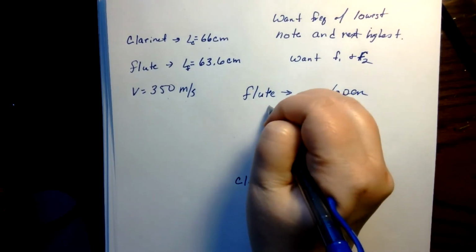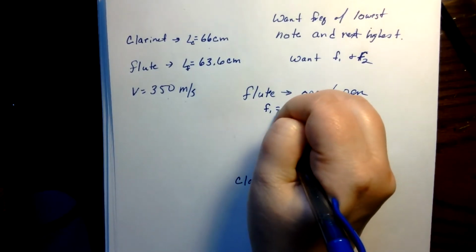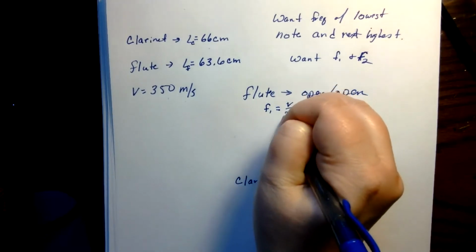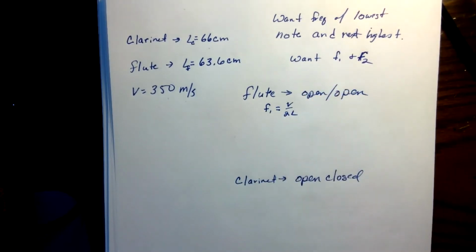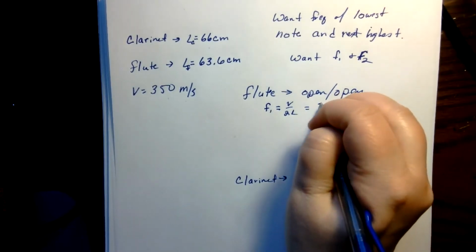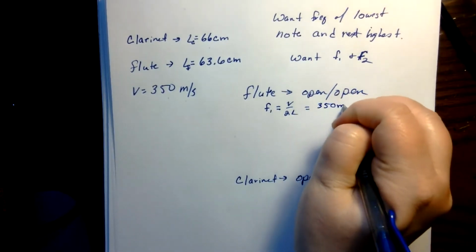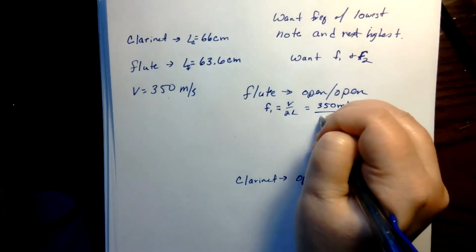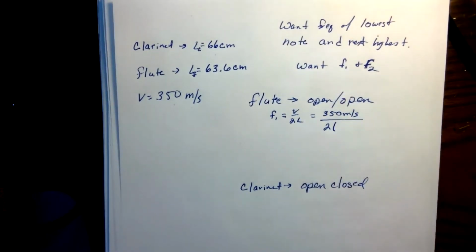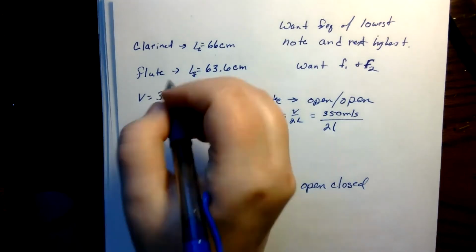f1 for our flute, for open, is going to be v over 2L. We know our velocity was 350 meters per second, divided by 2 times our length. Now, our length is in centimeters, and we want it in which system? We want it in meters, good.